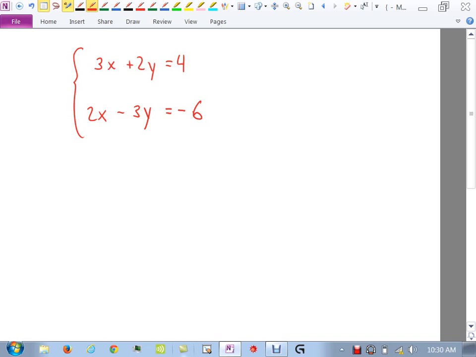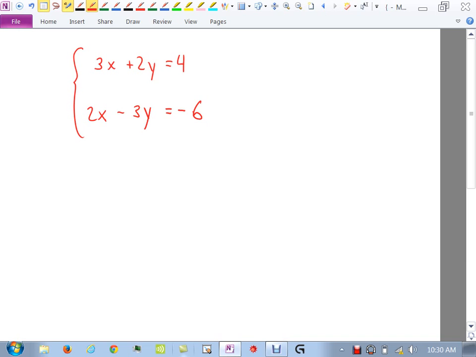What do you notice about this? It's the first time this has happened. Which equation do you want to pick? They both kind of suck?